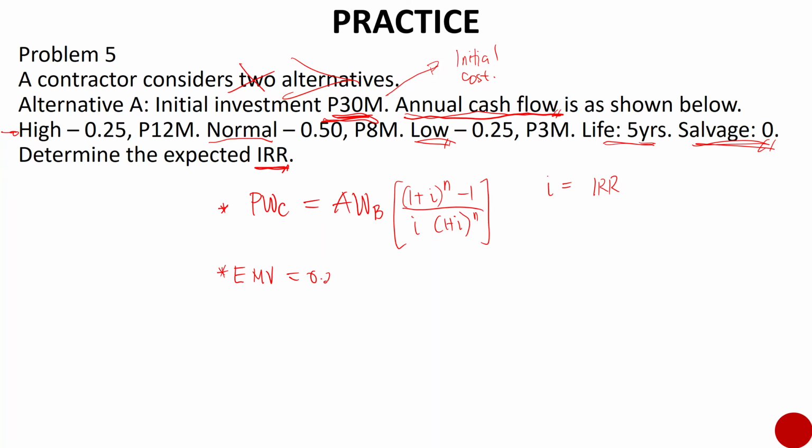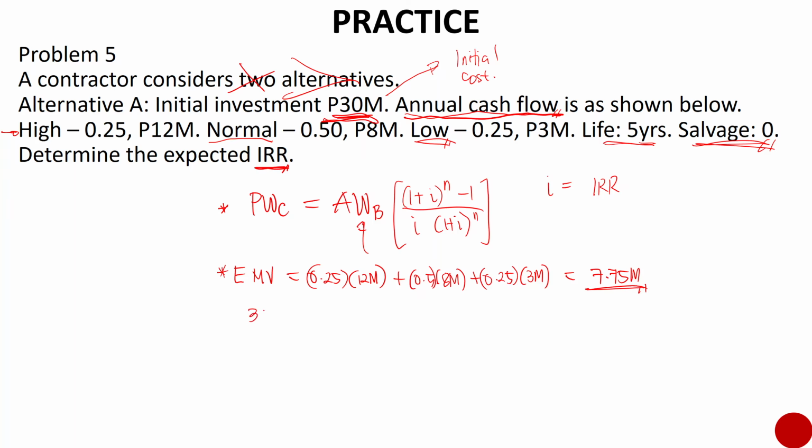That is 0.25 times the 12 million plus 0.5 times the 8 million, and we add our last, the low, 0.25 times the 3 million. If you solve this, it is equal to 7.75 million. So we have an expected annual worth of 7.75 million.